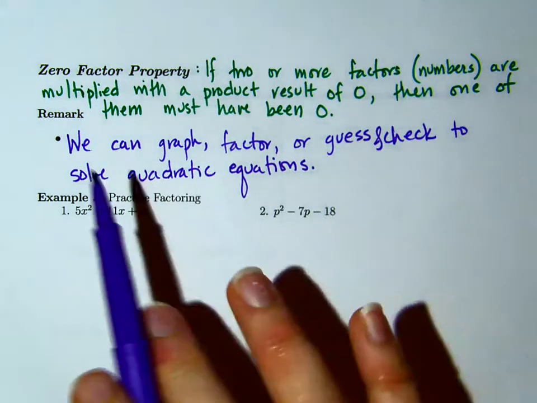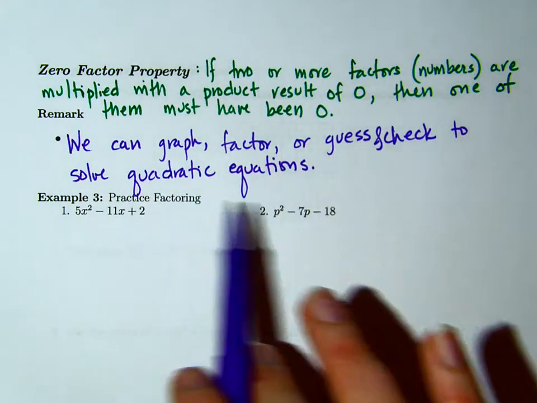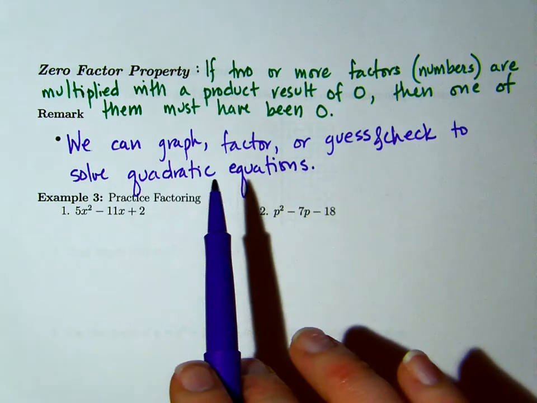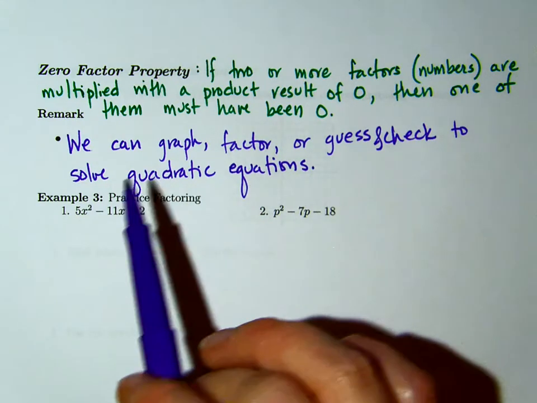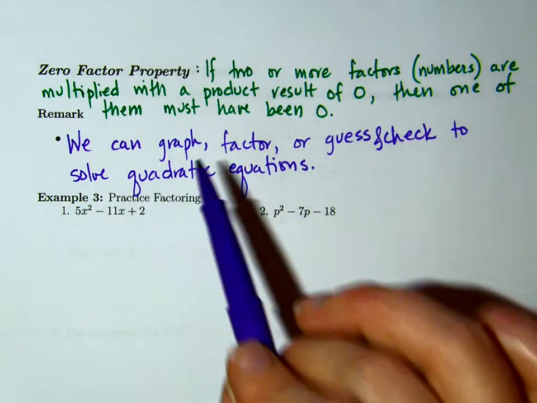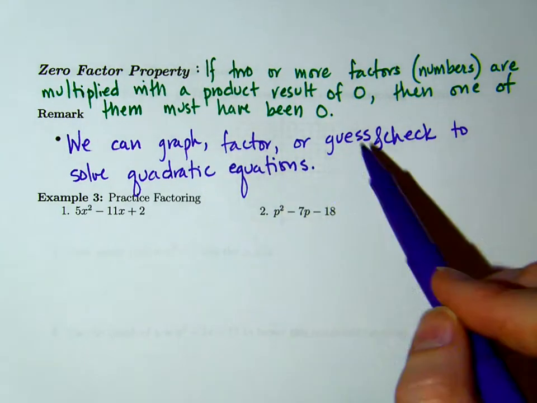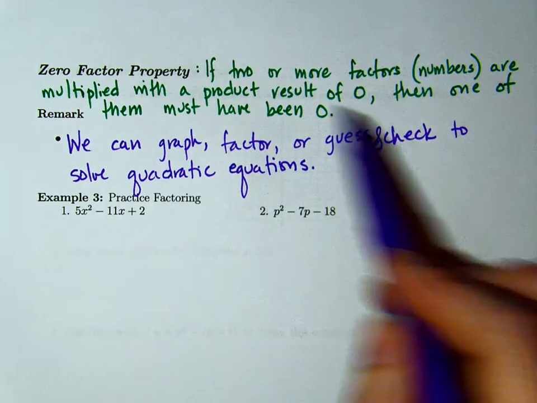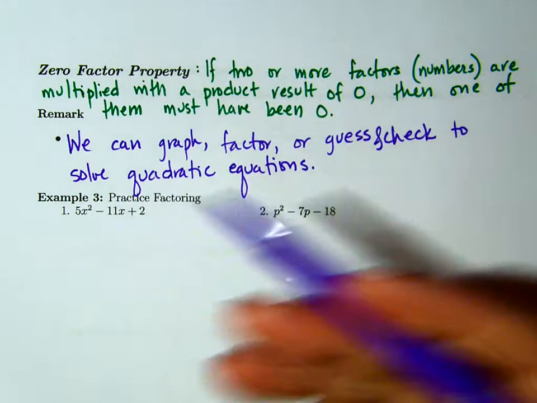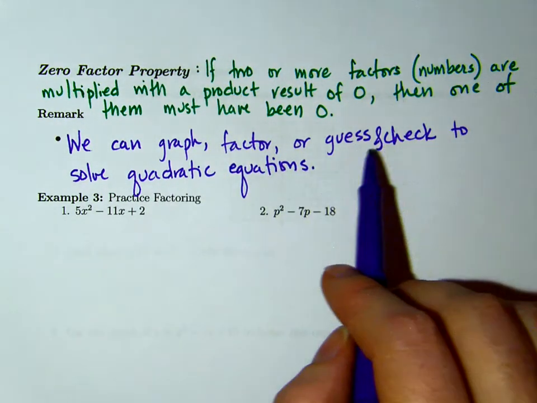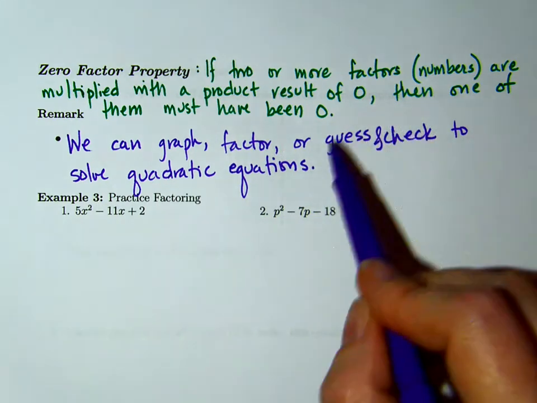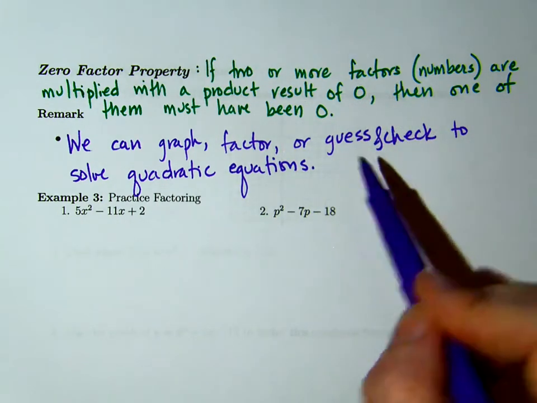And I also need a quick little disclaimer. These aren't the only way. There's going to be another way, which is the quadratic formula. And that's when all of these become too tedious. Guess and check usually takes a long time.